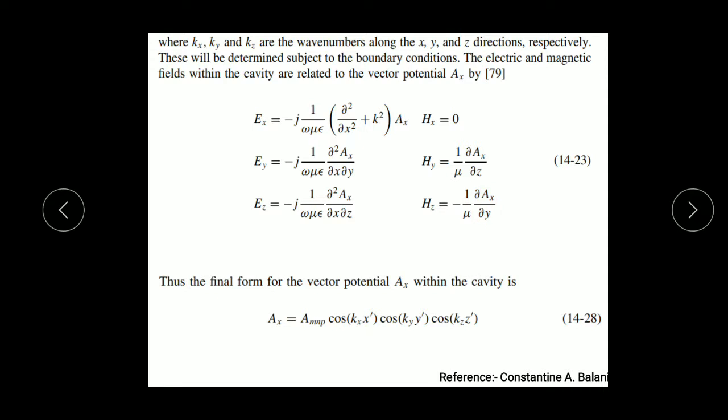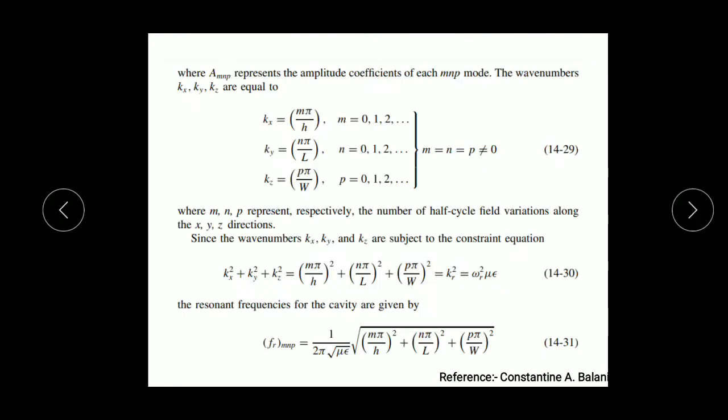The total field within the cavity is given by these equations. Here Amnp represents the amplitude coefficient of each mnp mode according to the wave numbers kx, ky and kz, which are given by these equations.